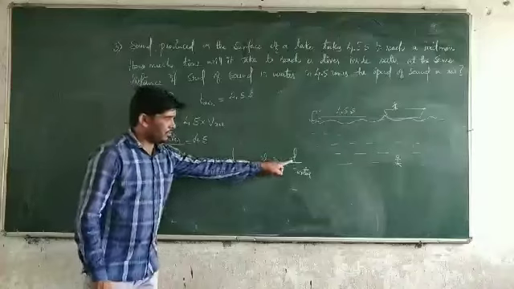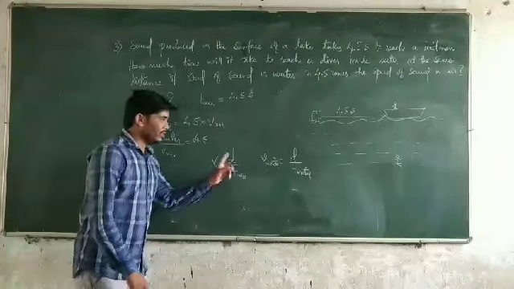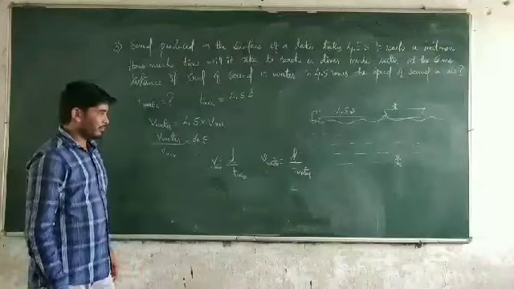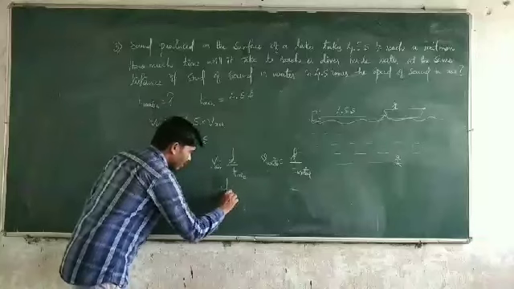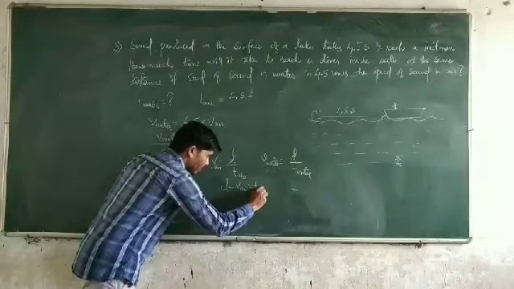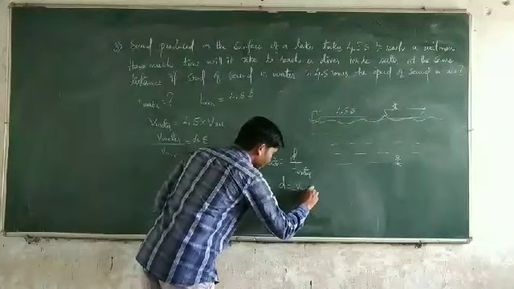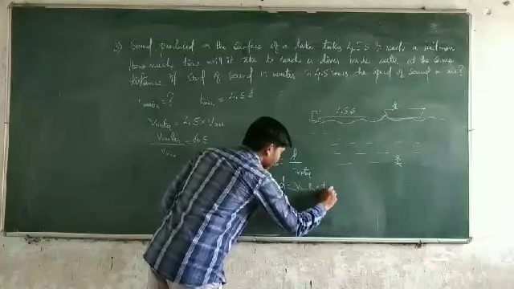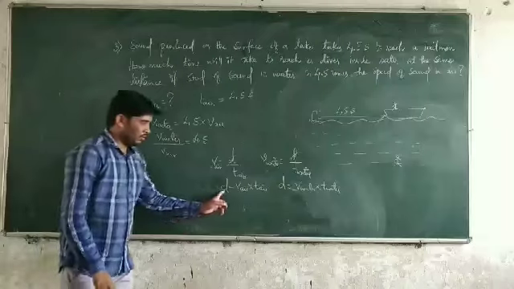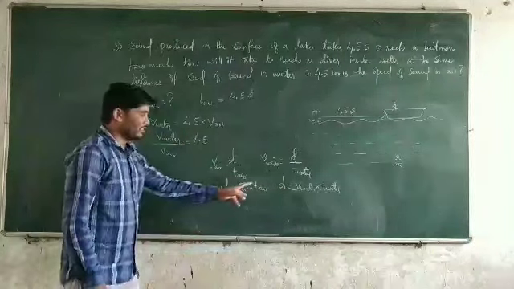The distances are the same in both cases. So we can also write D is equal to V of air into T of air, or distance is equal to V of water into T of water. In the question both the distances are the same.